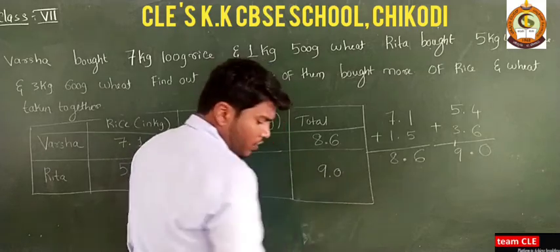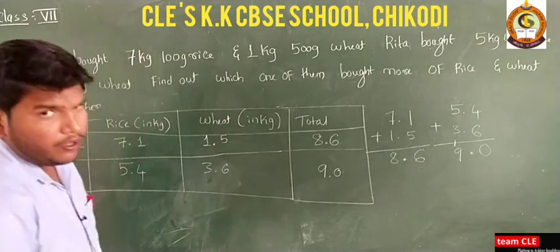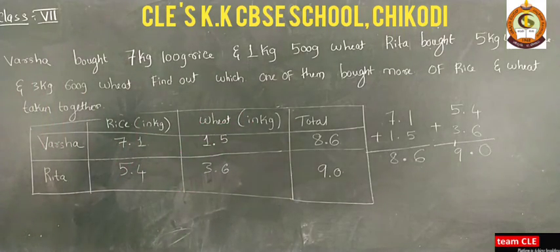So what conclusion can we give from the question? See here, Rita bought more quantity of rice and wheat together than Varsha.